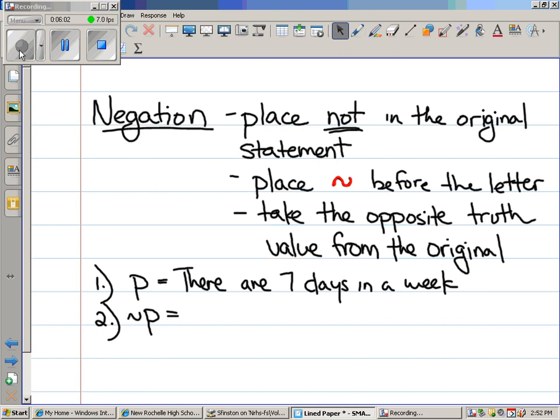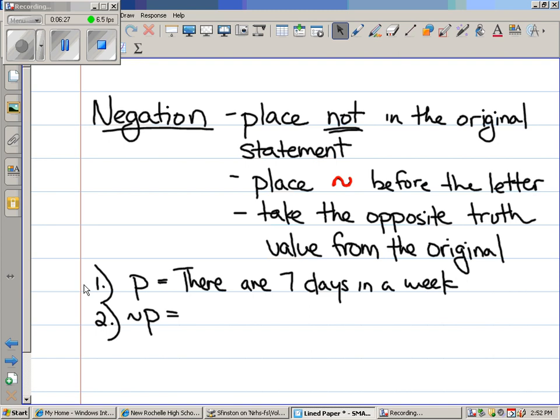Take a look down over here. In number 1, P is going to equal there are 7 days in a week. It means I no longer have to write out that big, long sentence. You'll see that a lot in logic. Well, how do you negate the sentence without writing out all these words? You can throw just a little tilde in front of the P. It'll mean the same thing. What happens when we negate that statement?